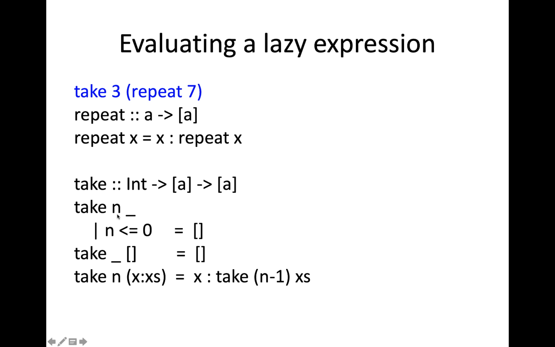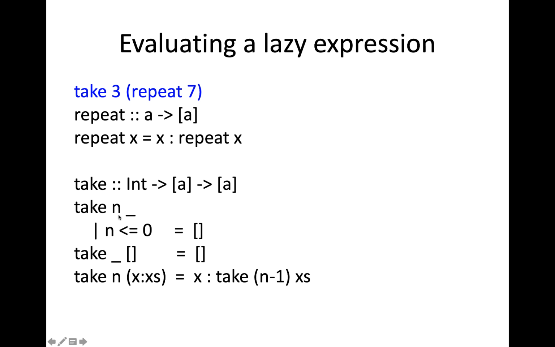The first parameter is an integer n, and when n is not positive, that means n is either negative or 0, which we write with the guard syntax, then this function returns an empty list, and it doesn't matter what the second parameter is.